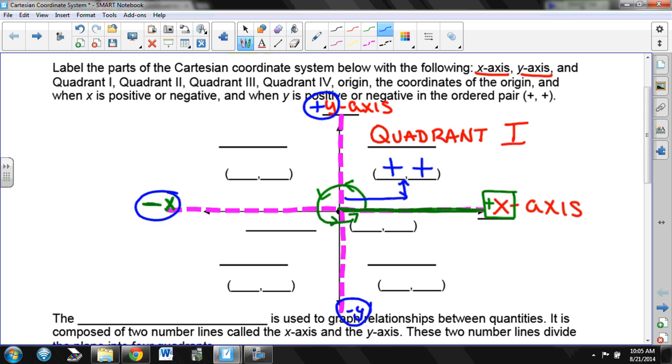When we turn counterclockwise, we run into quadrant 2, and it's normally labeled with a Roman numeral 2.